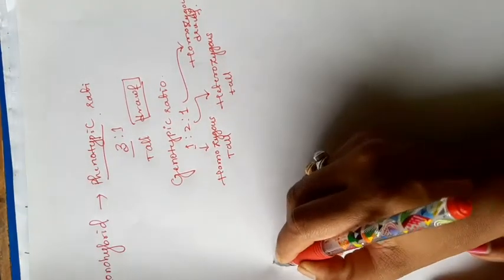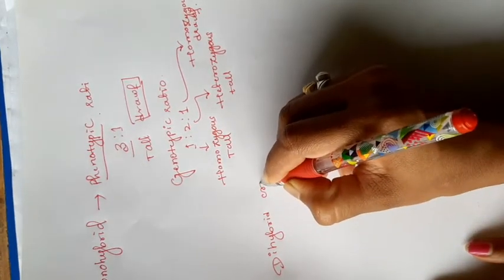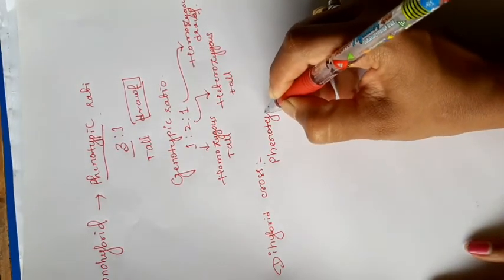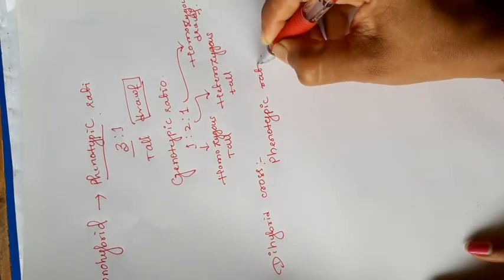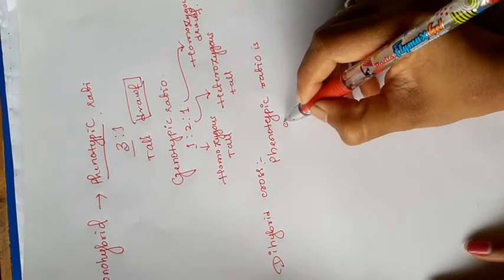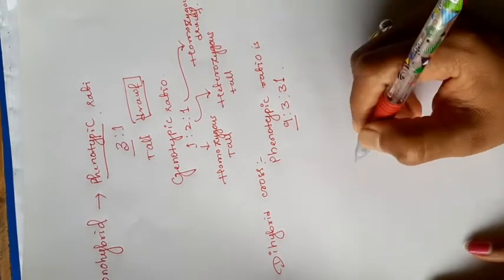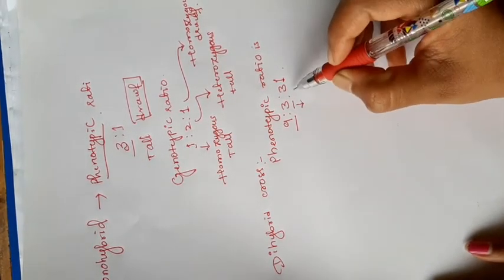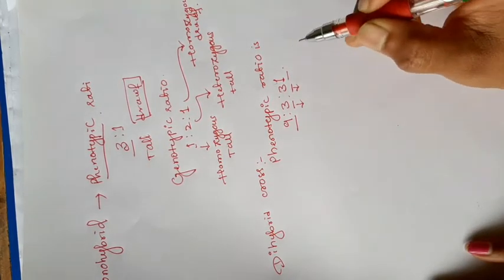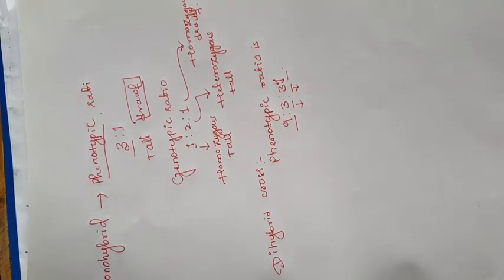Next, dihybrid cross. Phenotypic ratio is 9:3:3:1. 9 are round and yellow, 3 are round and green, again 3 are wrinkled and yellow, and the last one is wrinkled and green, that is the homozygous recessive condition.